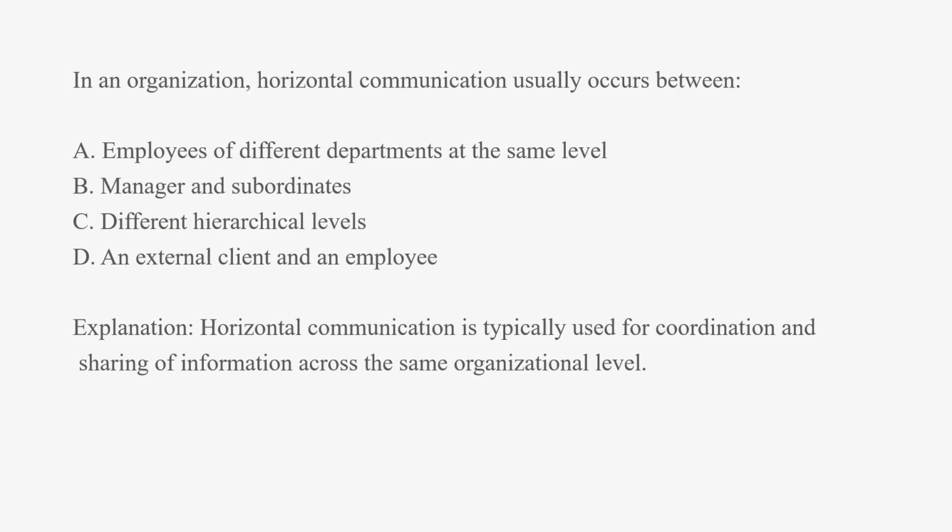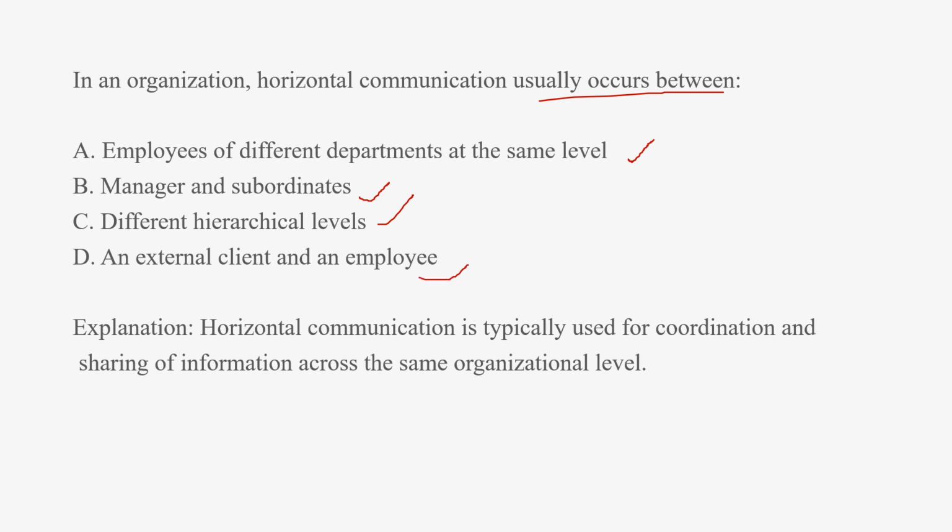In an organization, horizontal communication usually occurs between which of the following? Manager and subordinates, which is downward or upward; employees of different departments at the same level; different hierarchy levels; an external client and an employee.